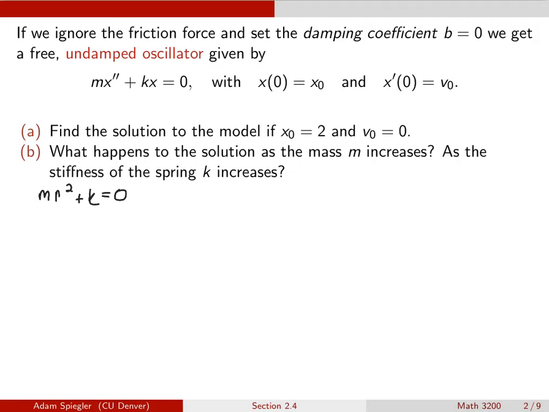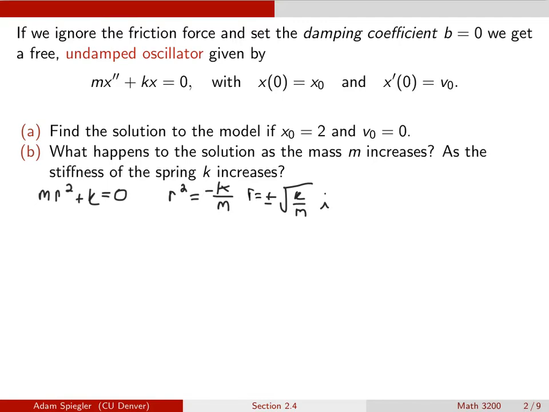So I've got r squared is equal to minus k over m. And since k and m are positive numbers, taking the square root of this is going to give me something imaginary. So I'm going to get plus or minus i times the square root of k over m. So we have purely complex roots.